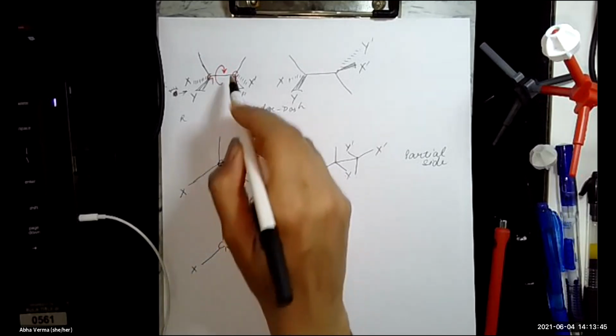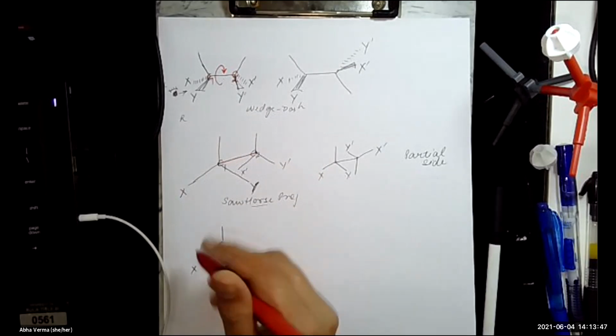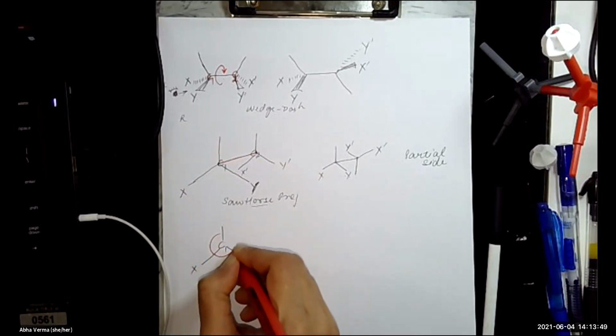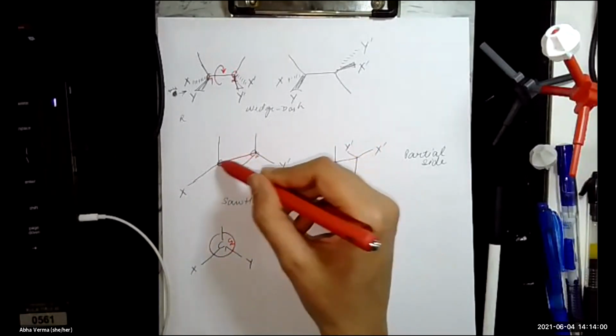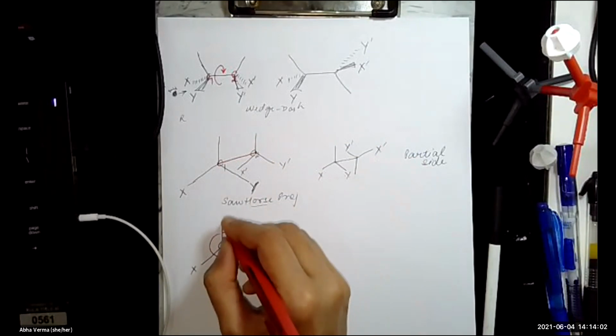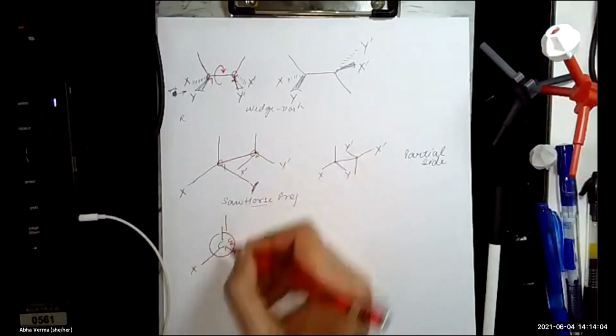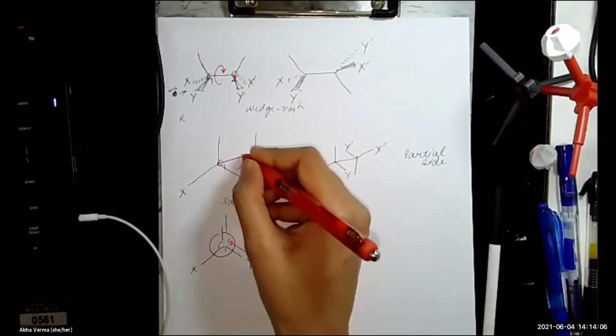And at the back, I will draw my C2 as a big circle. So the back carbon is my C2 carbon. Both of these are going upwards. Y prime and Y are in the same direction.